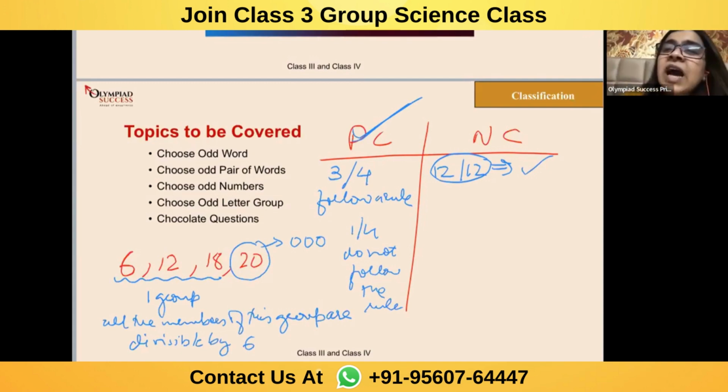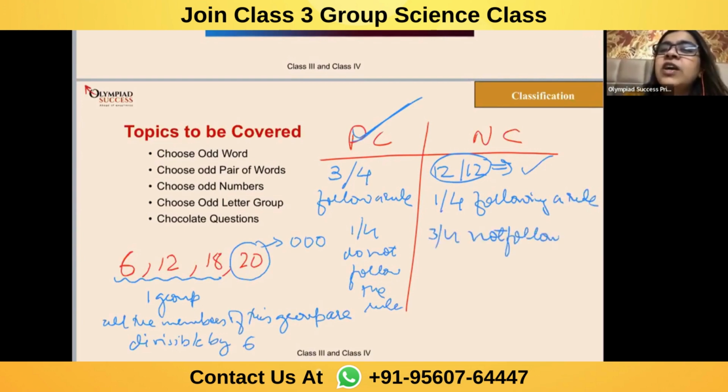Why? Because I am saying that 1 out of 4 is following a rule and 3 out of 4 are not following the rule. So we are actually not making a group here. That is the problem. There is no similarity between the remaining 3 numbers; there is only one specific.